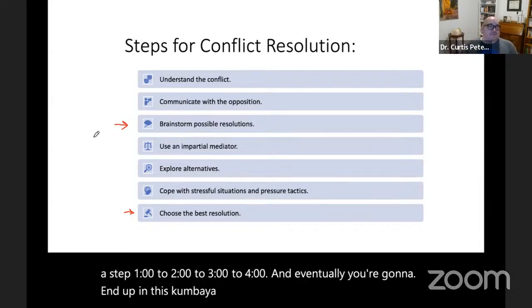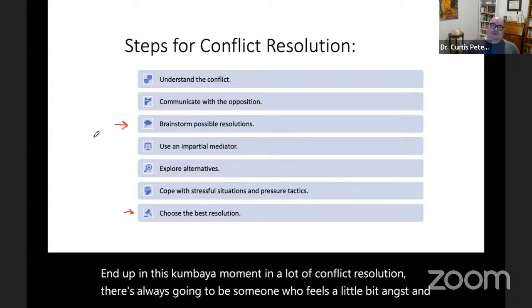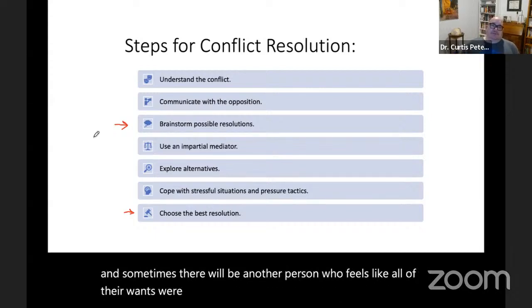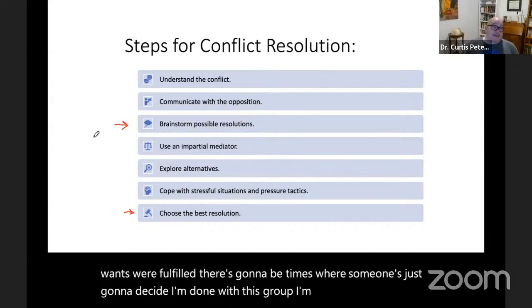In a lot of conflict resolution, there's always going to be someone who feels a little bit of angst. And sometimes there'll be another person who feels like all of their wants were fulfilled. There's going to be times where someone's just going to decide, I'm done with this group, I'm not coming back.